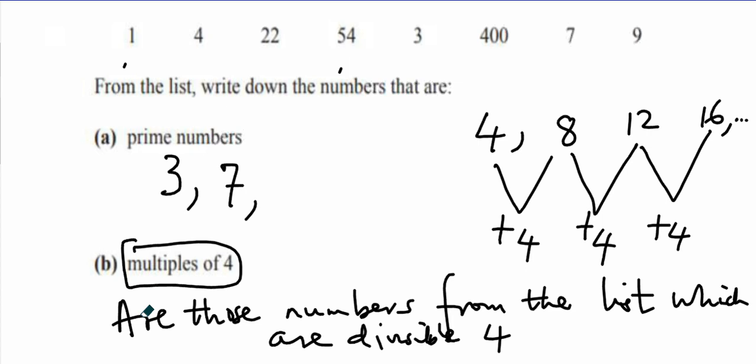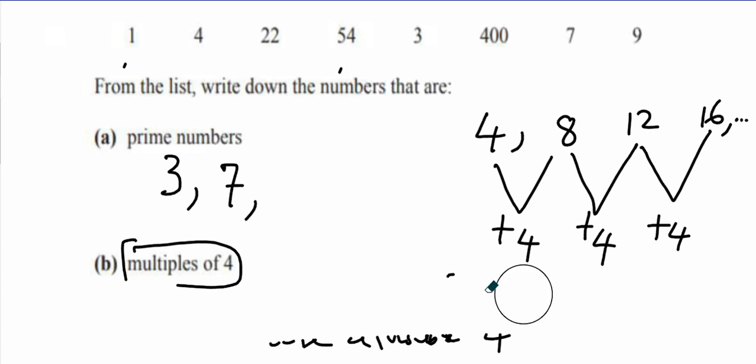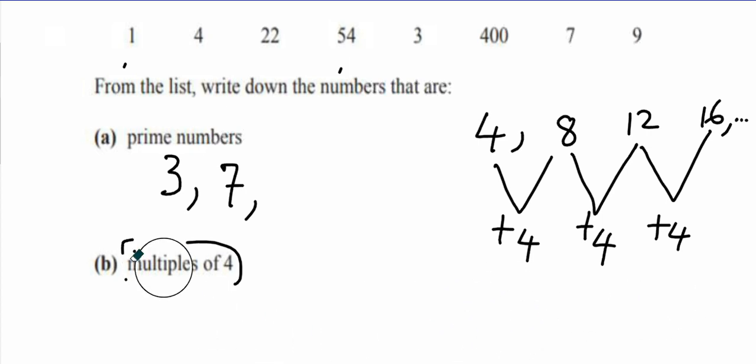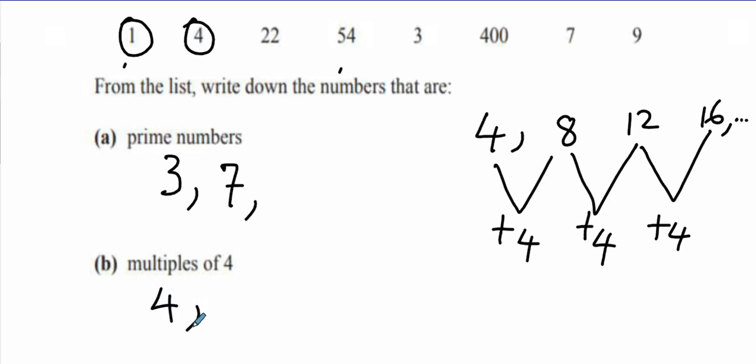Now let us check which numbers from the list are divisible by 4. 1 divided by 4 gives you a remainder. 4 divided by 4 equals 1, so 4 is one of them. 1 is not, because 1 divided by 4 is a decimal.